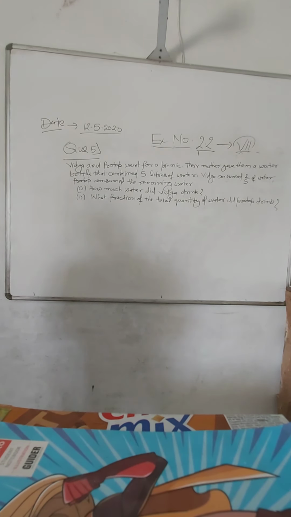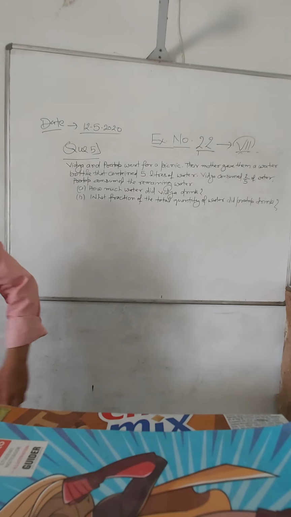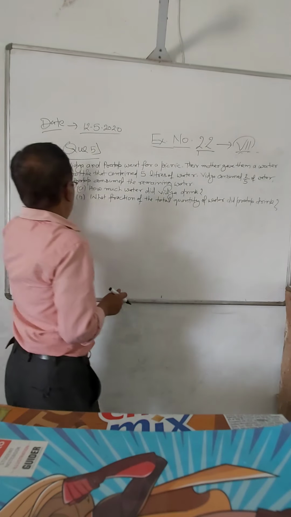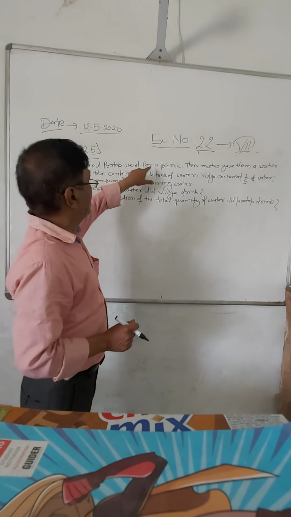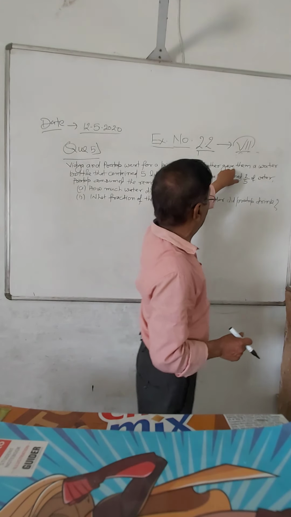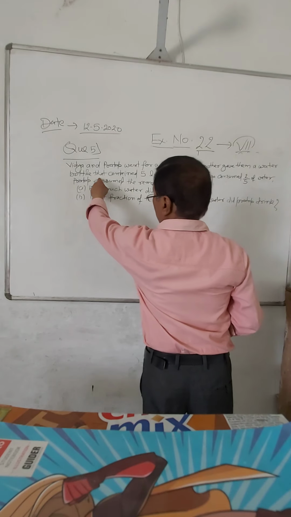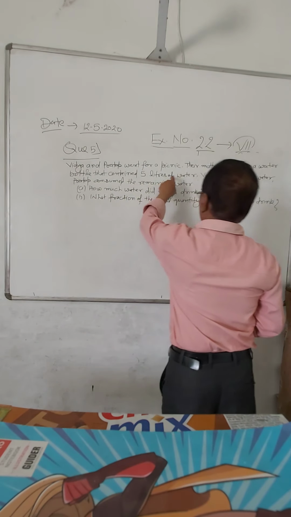So this is also an easy question. Vidya and Pratap went for a picnic. Their mother gave them a water bottle that contained 5 liters of water.